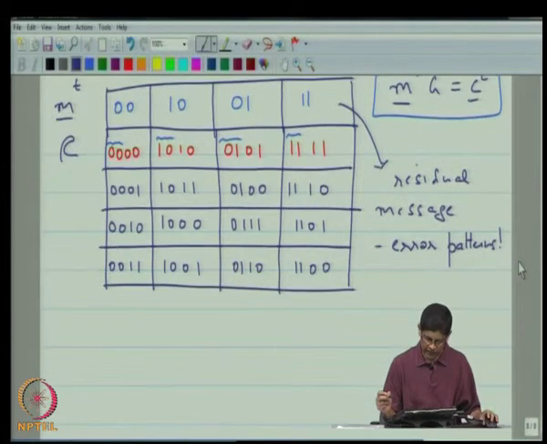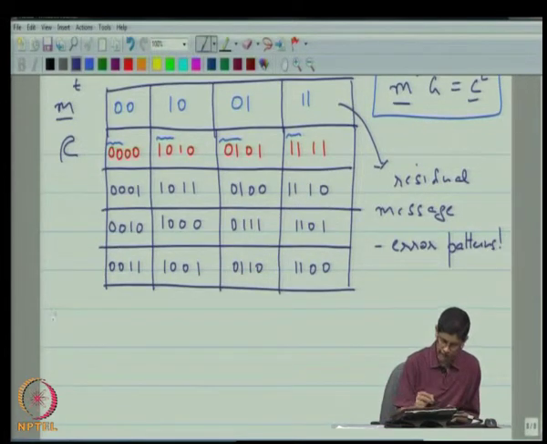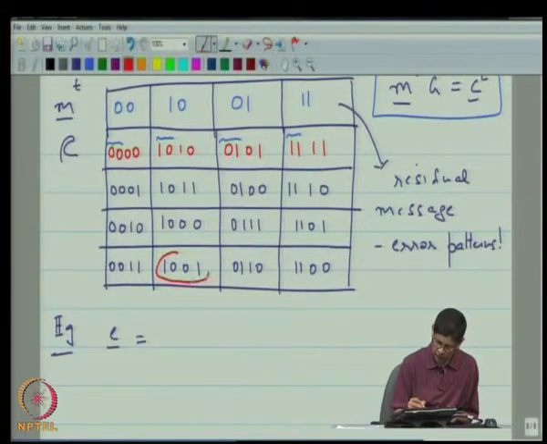So, what that means is that, for example, if E was 1 0 0 1, then E hat would be 0 0 1 1.